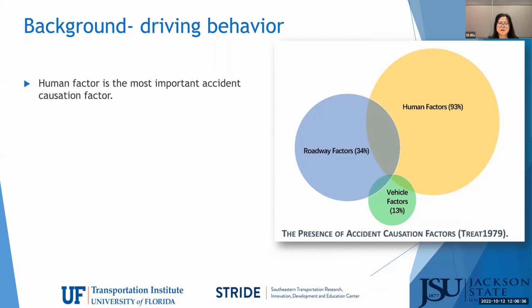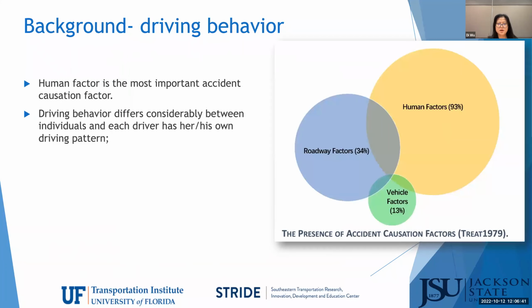A little background on driver behavior. The literature shows that driving behavior is the most important accident causation factor. As shown in the picture, a researcher found that the human factor is present in more than 93% of the studied crashes. Another finding is that driving behavior differs significantly among individuals, and each driver has his or her own driving pattern. Next slide.